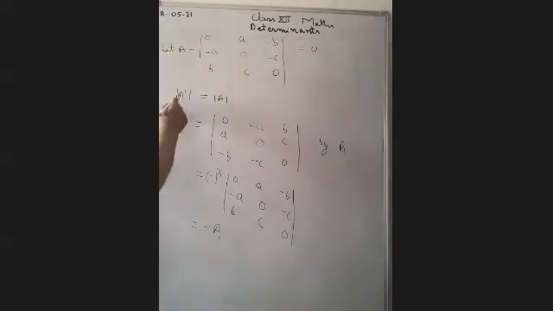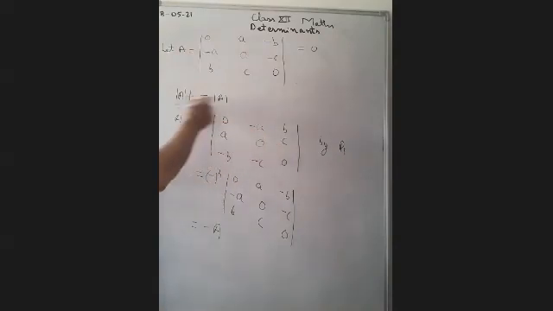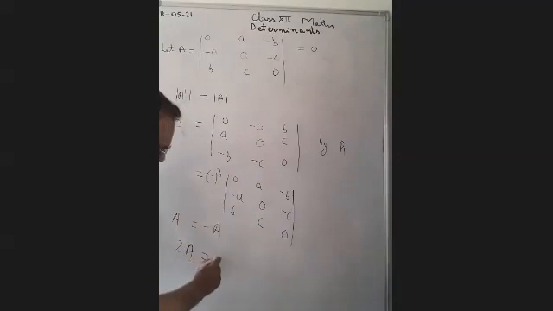By property 1 you can use this, or you can use the other one also. So A equals minus A, now it becomes 2A equal to 0, then A equals 0 by 2, which is 0, equal to the right hand side. So we have proved question number 6 by using the property.